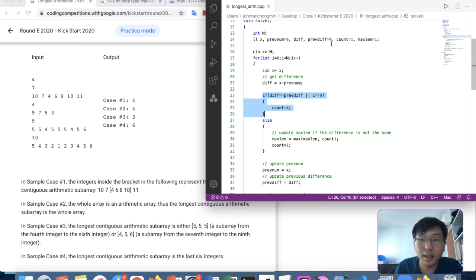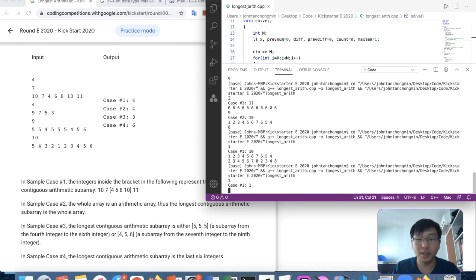And then the next number comes in. Actually, this one should be I smaller than or equal to 1, because the first two numbers will definitely have the count added. Yeah, the first two numbers are fine. Then for subsequent numbers, the count will be 1, because when we start, we already have the previous difference, and that means there are always going to be two numbers already.